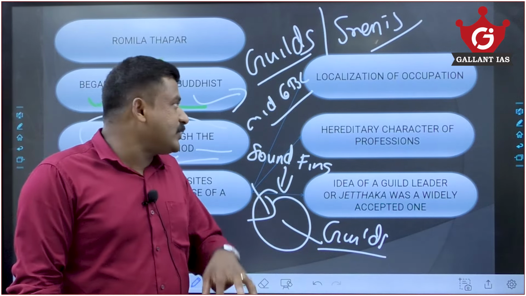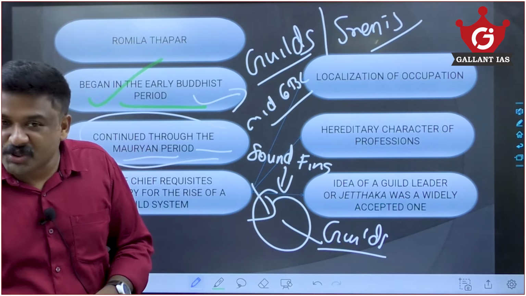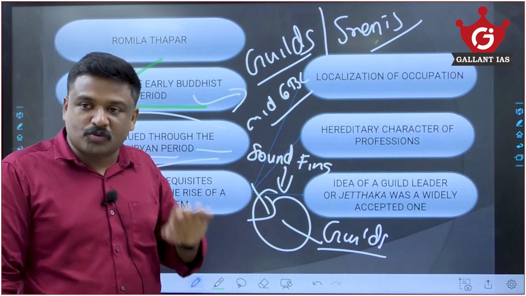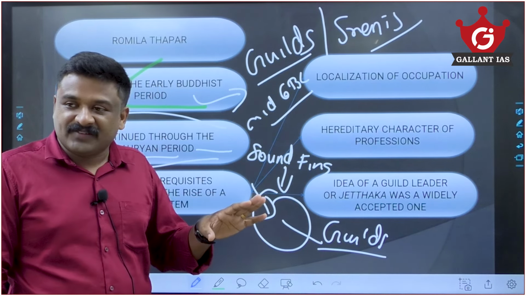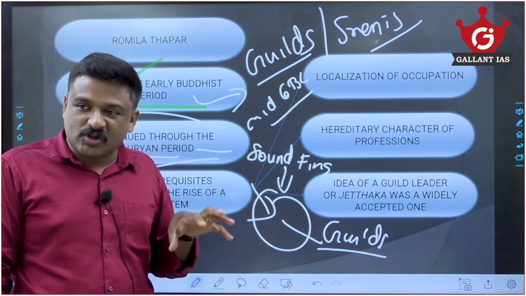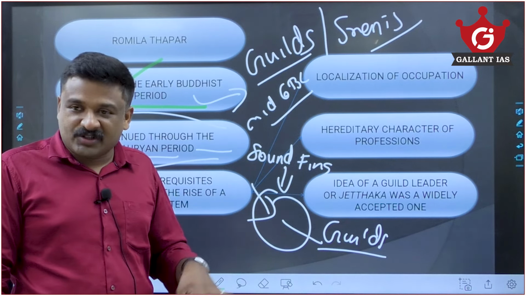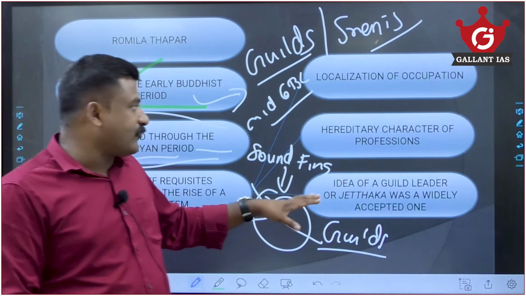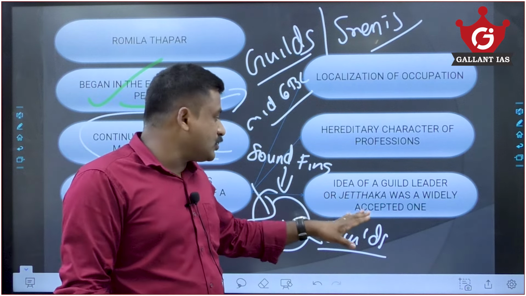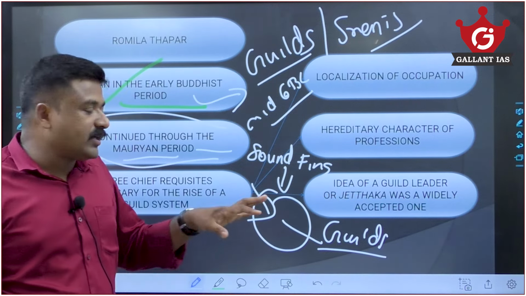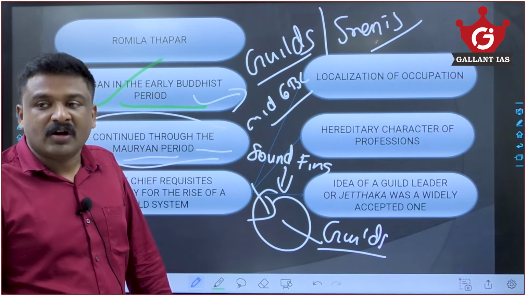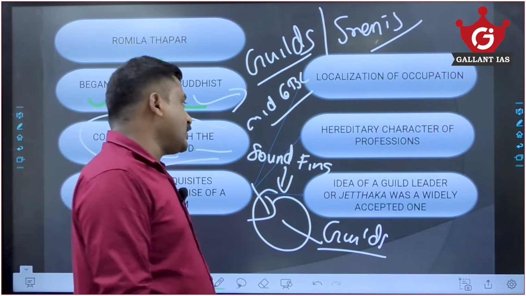One is localization of the occupation, and the occupation has to be there for many years. People are familiar with that, and it has a market, a manufacturing hub. Localization of occupation, hereditary character of professions, and the idea of a leader, jetaga, that concept is also an accepted one. So these are the three requisites for the rise of a guild system in the ancient Indian context.